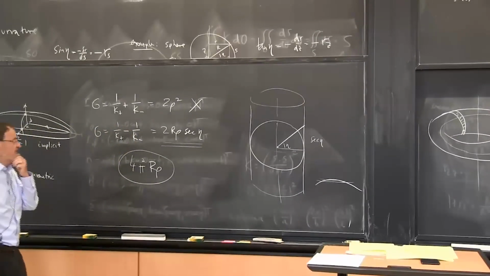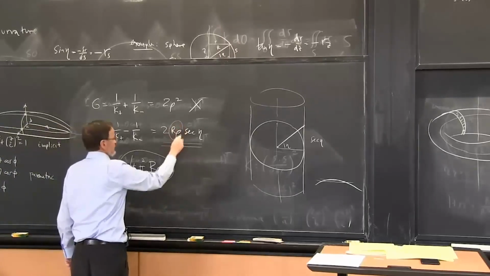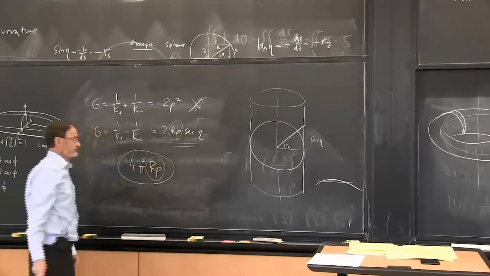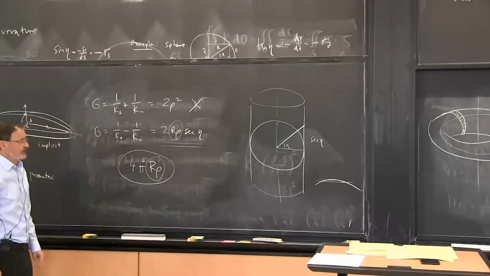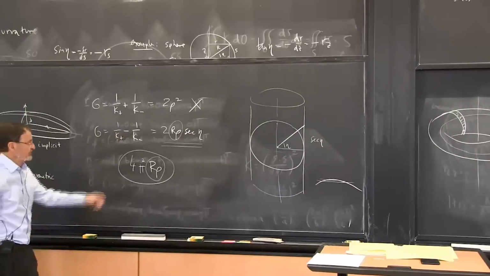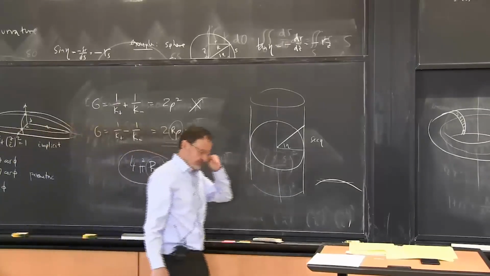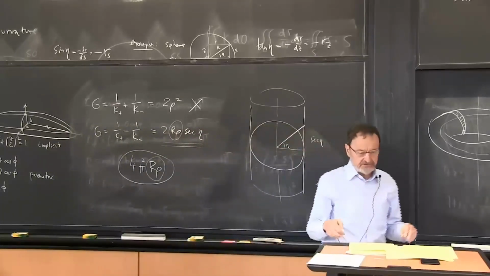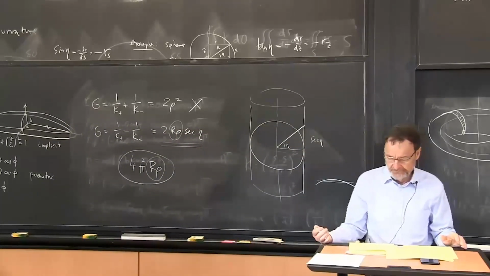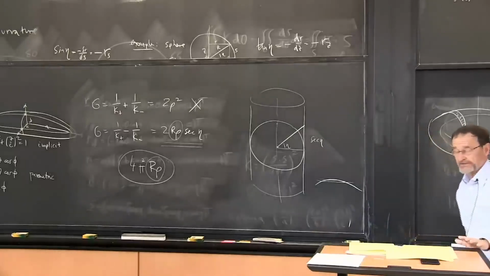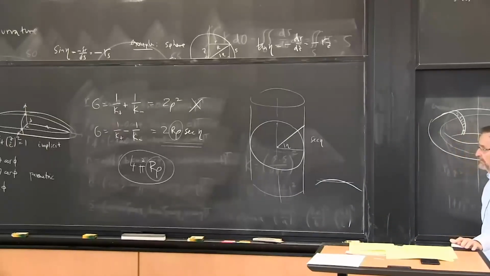Okay, now if we look at the formula here for the Gaussian image, you see that r and rho don't appear separately. Only the product appears. And so what does that mean?